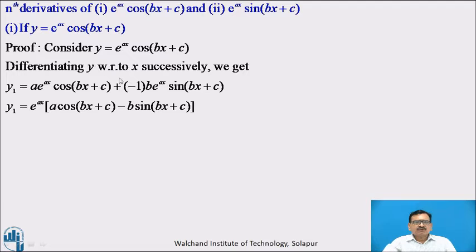Differentiating this y with respect to x successively, we get y1, meaning dy by dx, is equal to, here we are using the u into v formula. First we write the derivative of e to the power ax, that is a into e to the power ax, and cos(bx plus c), plus now keeping e to the power ax as it is, the derivative of cos(bx plus c) is minus sin(bx plus c) into the derivative of bx plus c, which is b, that is minus b e to the power ax sin(bx plus c).